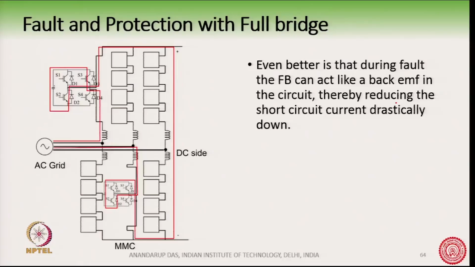And so, the short circuit current during this time can be drastically kept down by modifying the arm voltages. And so, some researchers have suggested not to shut down the transistors and instead work them like a back EMF or a controllable voltage source, so as to prevent the rise of current during fault condition.